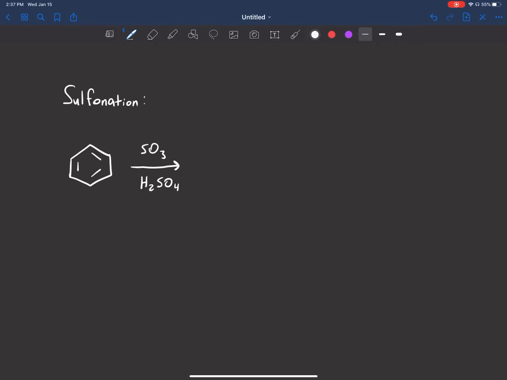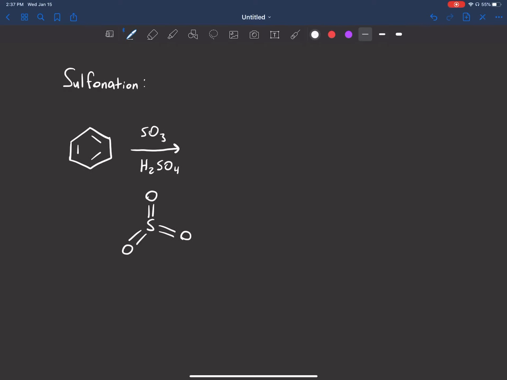So what's going to happen here? First we're going to start out with the SO3, sulfur double bonded to 3 oxygens. Now this isn't breaking the octet rule. Remember, sulfur is in a period where it can have more than 8 electrons.